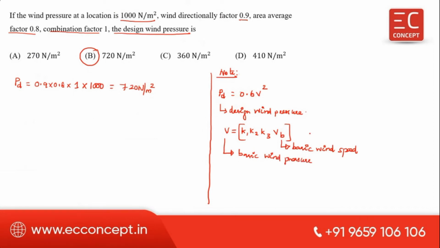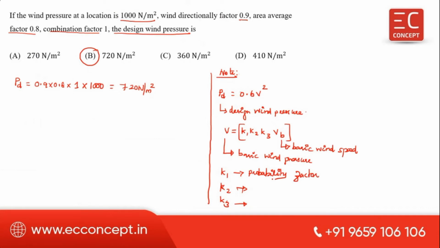And the K1, K2, K3, they will ask you what K1, K2, K3 represent. This is the question you can expect. They will ask what K1 represents in the design wind pressure formula, what K2 represents, what K3 represents. K1 represents the probability factor.